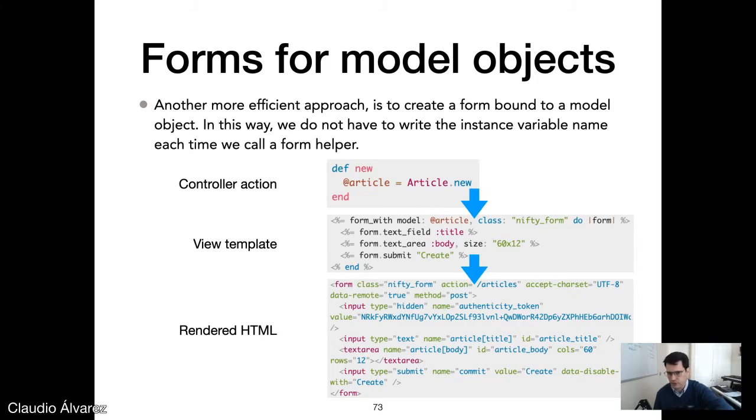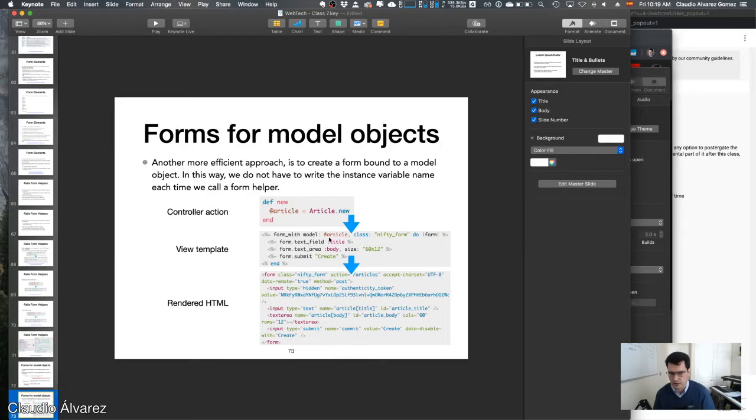You specify form with model. The model, you see the article object there. You see there's a certain CSS class being specified for the form, possibly for styling. Then you got the form variable again, and you attach the different input types: the text field for title, the text area for the body with a certain size property, and a submit button. And this will render as you see here. And you'll see that there's the article model and the different attribute variables.